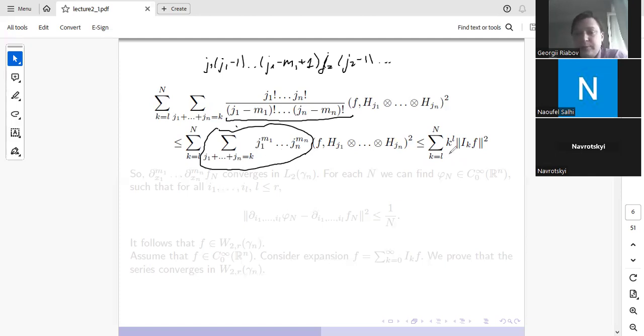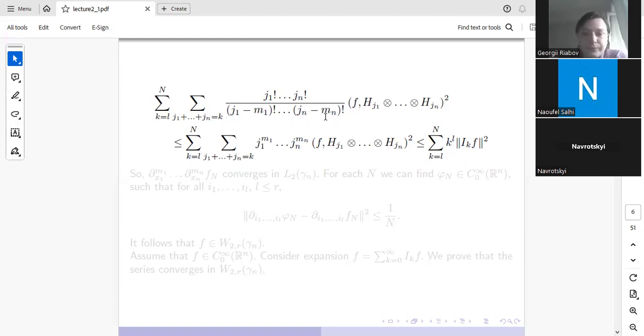So we get an estimate which shows that all derivatives of Fn have some limits in L2.